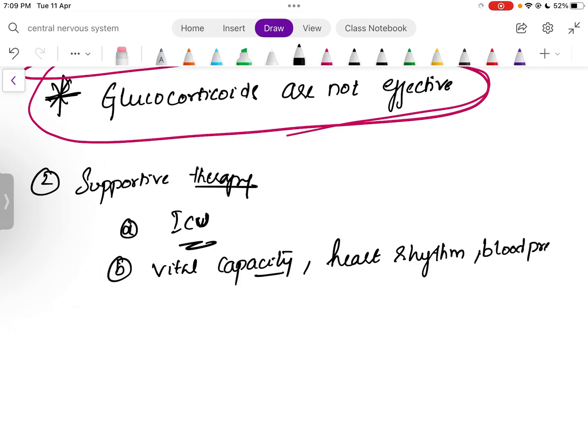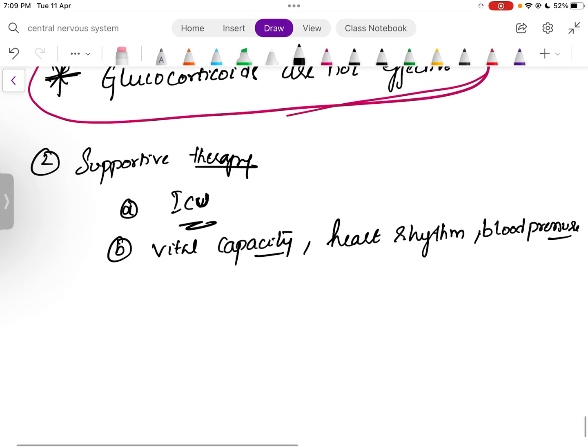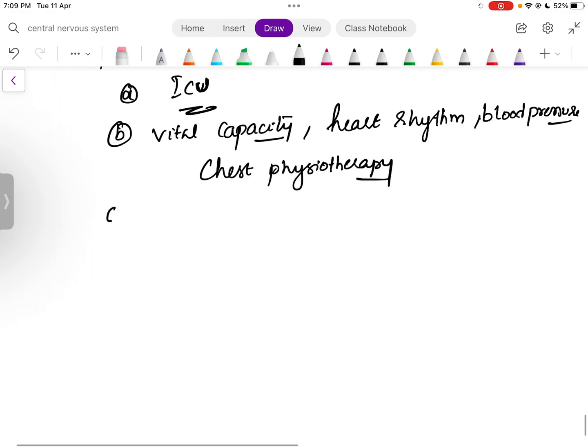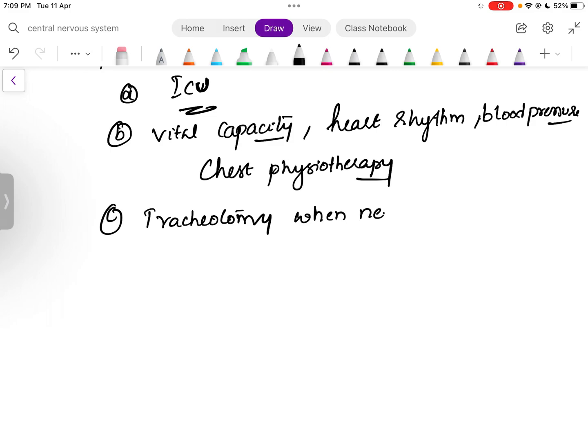So you have to monitor blood pressure. If blood pressure is decreased, you have to give pressors, and chest physiotherapy to decrease pulmonary symptoms. You can do tracheotomy when needed.